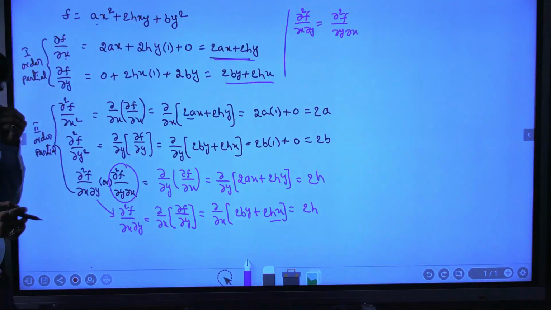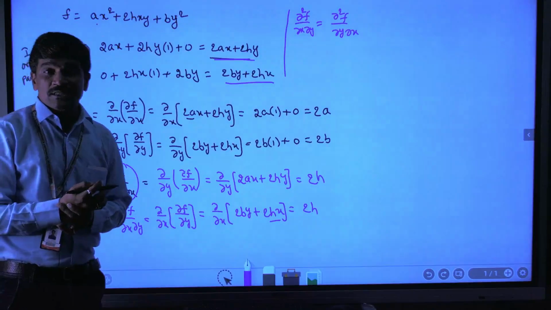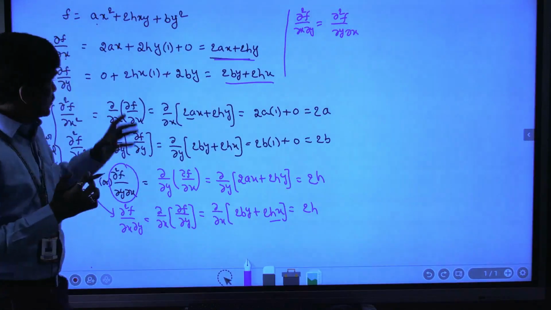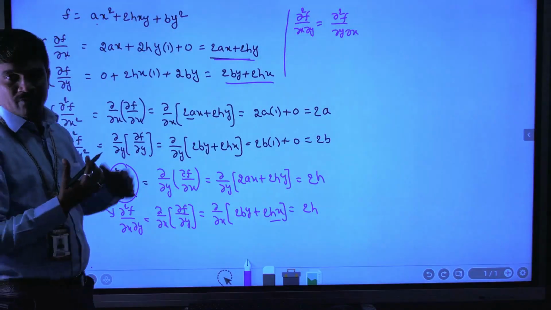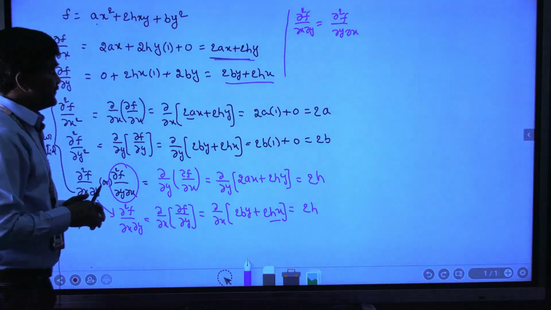This is observed from this function after finding first and second order partial derivatives. So this is one example of how to find the partial derivative of a given function. Let's take one more example.